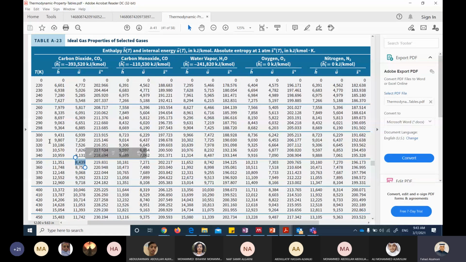And the T final is 315, and since this is in the middle, I can just take an average between 310 and 320. Okay, so let us actually do this.